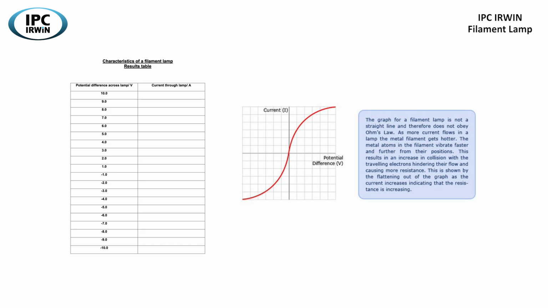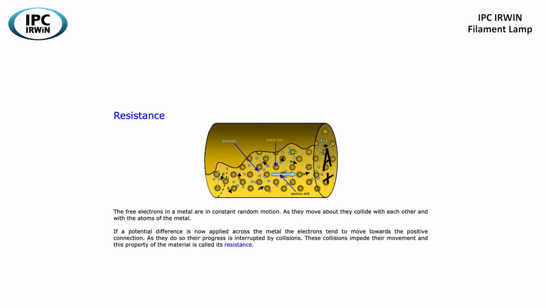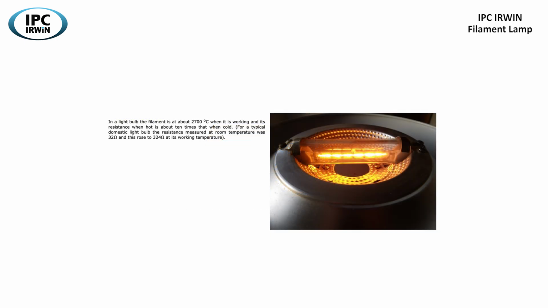And we can look at the label on the graph here to start to think about why that is the case. As more current flows through the lamp, the wire gets hotter, and that affects its resistance. The metal atoms in the filament vibrate faster and further, and this results in the travelling electrons hindering the flow, causing more resistance.